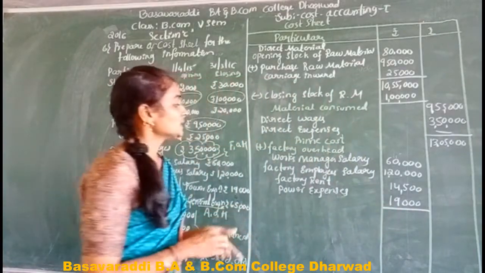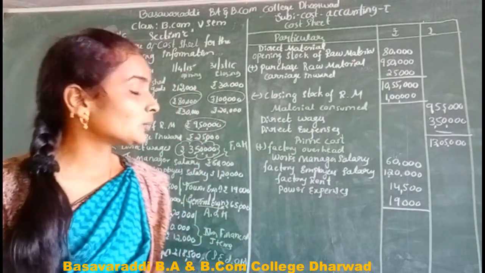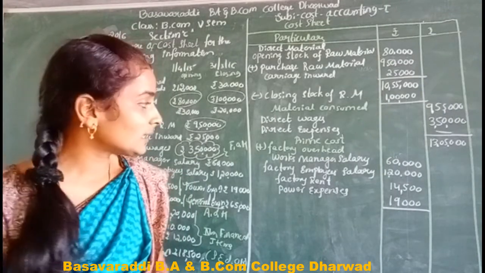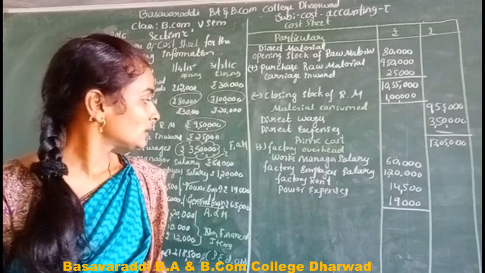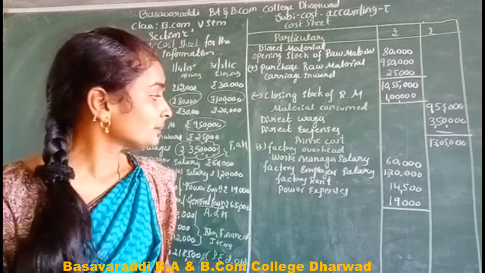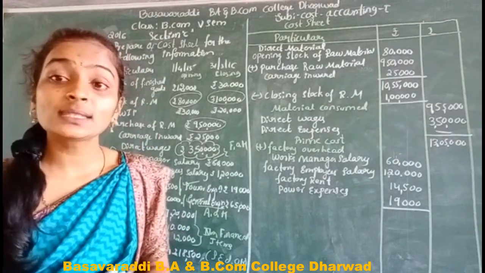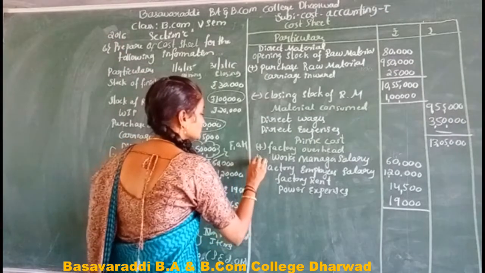Works manager salary 60,000, factory employee salary 1,20,000, factory rent 14,500, and the last one is power expenses 19,000.